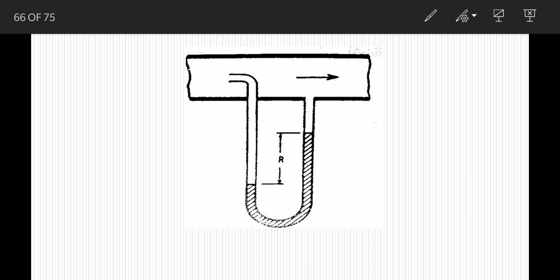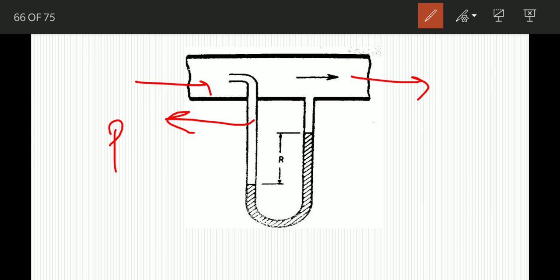This is the diagram of Pitot Tube. So here is the upstream end, here is the downstream end, and this limb is used to measure the pressure and velocity head, and this limb is used to measure the pressure head.